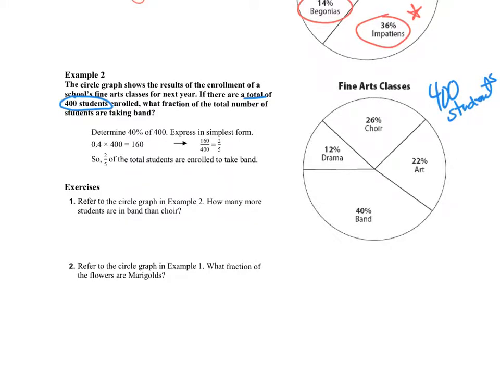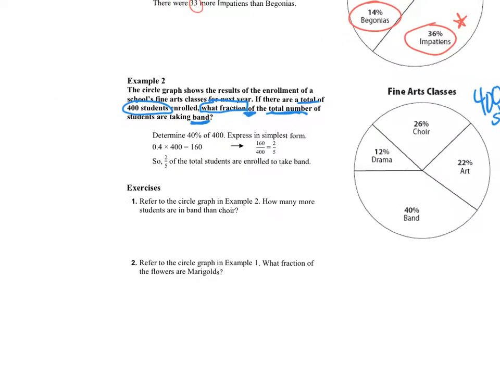What fraction of the total number of students are taking band? The total number is going to go on the bottom, so we're going to look at band over the total.